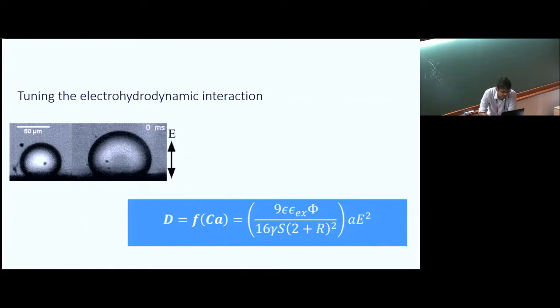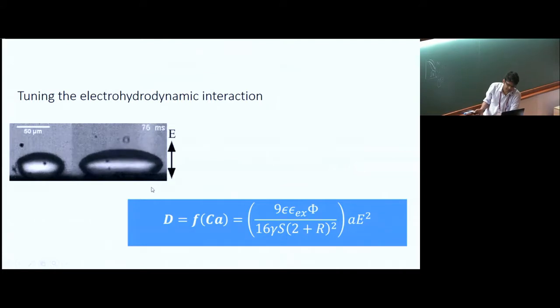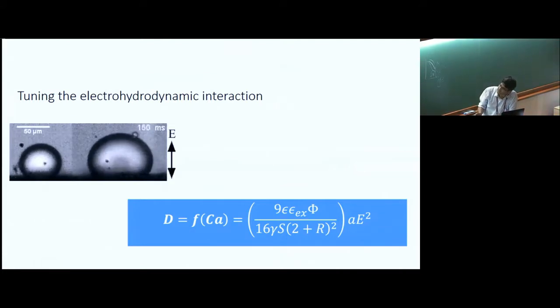So that's a typical example that I'm doing at a particular frequency, and you can see the droplets constantly deform. This deformation could be prolate or oblate. This particular picture shows an oblate deformation. When the field is maximum, the droplet is almost squatting.